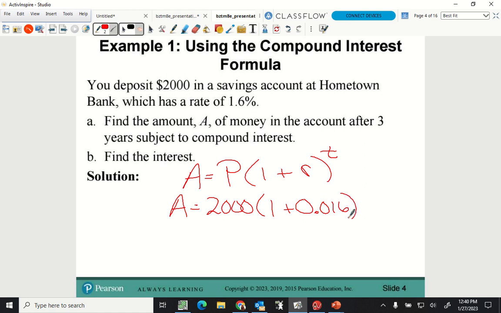Right here, it says find the amount A of money in the account after 3 years, subject to compound interest, so this exponent here is a 3. Plug these in right now. I'm going to come around and make sure you're doing this right.